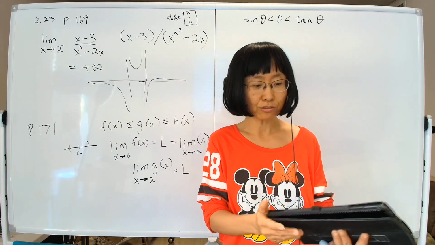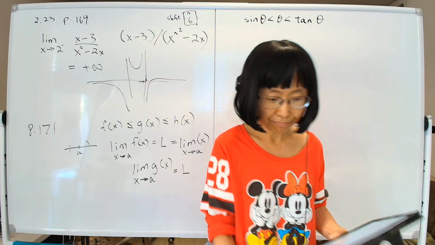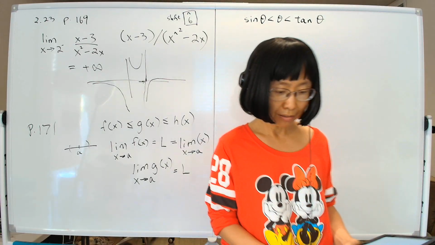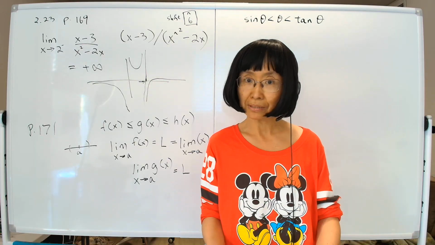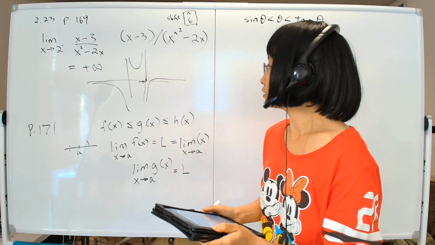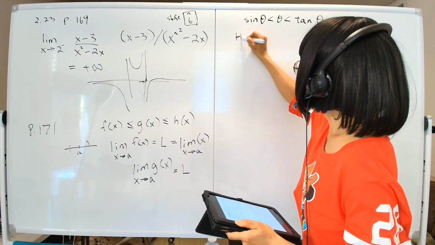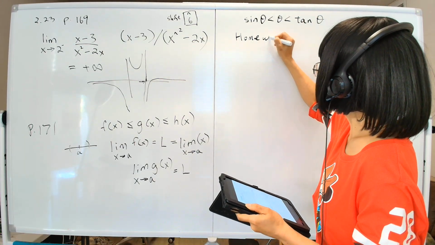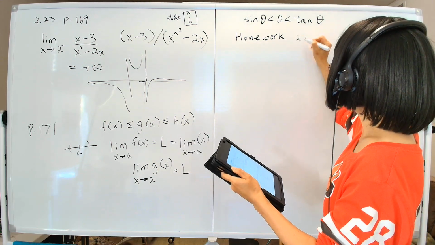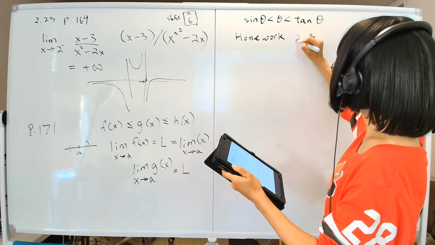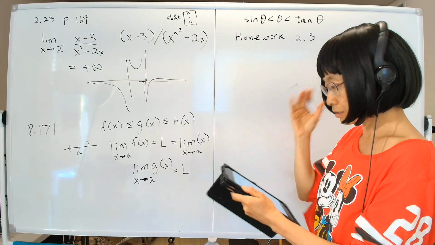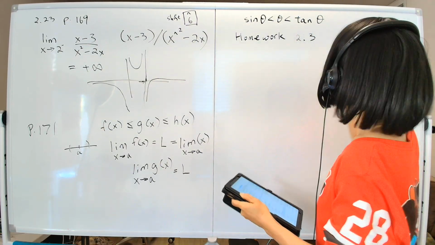So I would like you to do the homework, and first let me tell you which homework to do. I've chosen with some care about 12 problems from the exercises. So please do homework. The homework is on 2.3, which is on page 176.